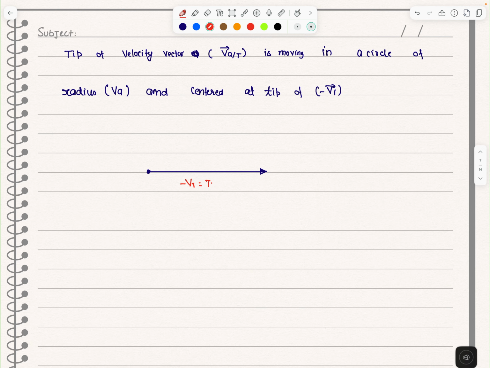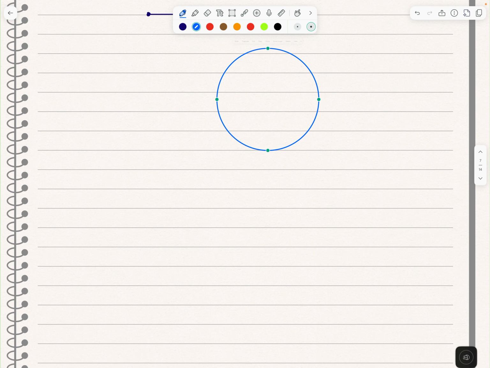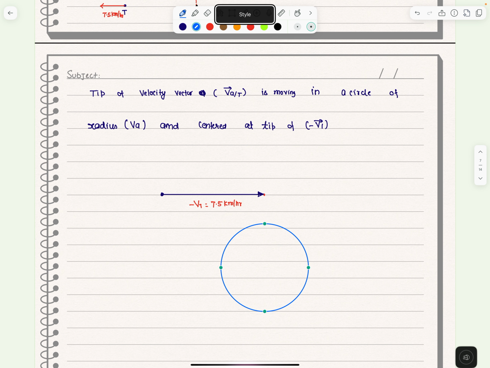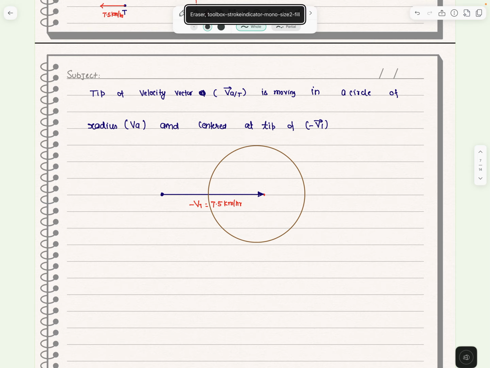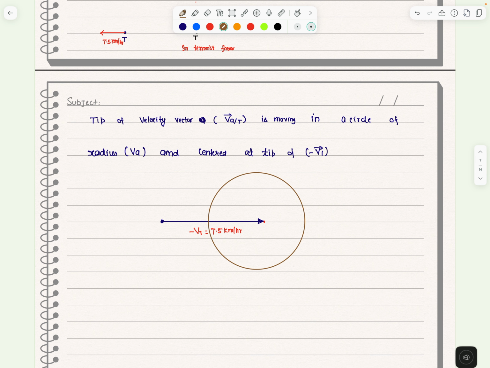And this value we know is, magnitude-wise, 7.5 किलोमीटर पर आवर। इस पॉइंट पे हम लोग एक सर्कल ड्रॉ कर लेते हैं। We have drawn a circle here. Now इस सर्कल के डायरेक्शन में, this is velocity of army, like this, like this.